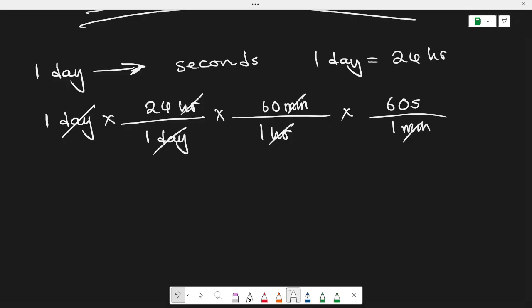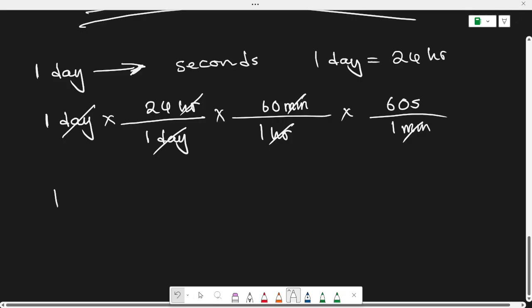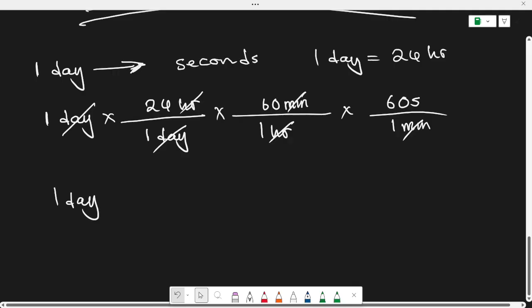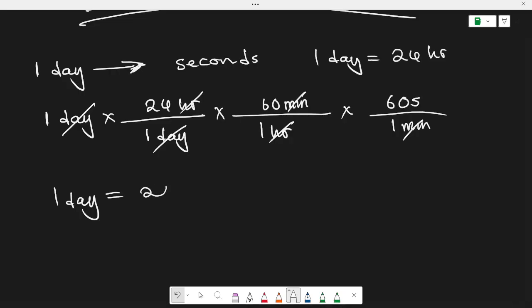Then the minutes will cancel. What you remain with is that 1 day is equal to 24 times 60 times 60 seconds.